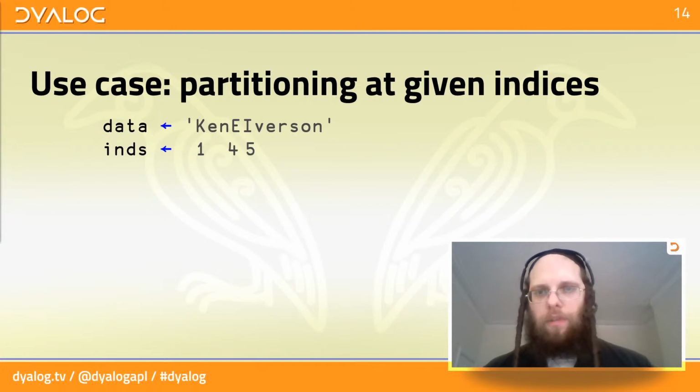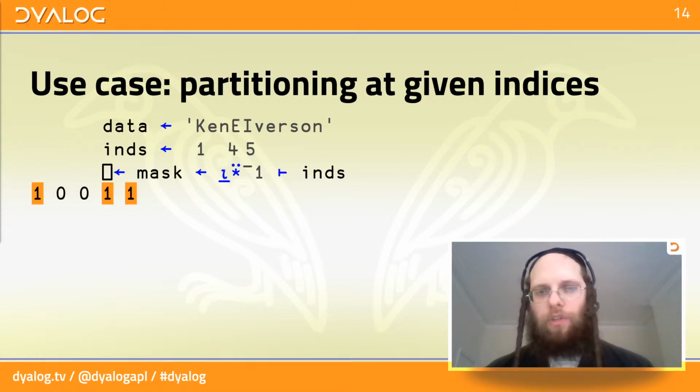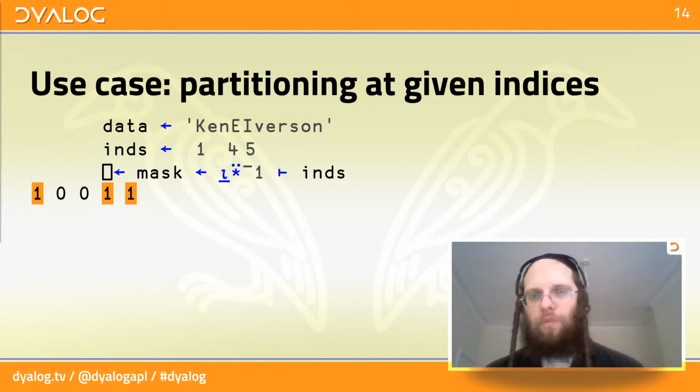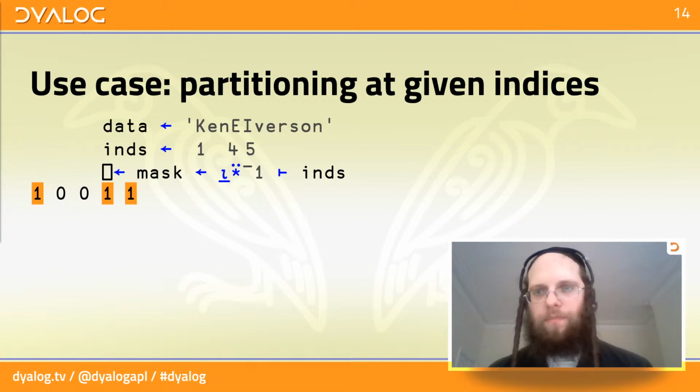Another example of doing this is that we start off with indices of where we want new partitions to begin. And as you've seen in the previous webinar in my series, we can use the where primitive in reverse to change this into a mask that tells us where we want to start. Now, where doesn't know the length of the original data.